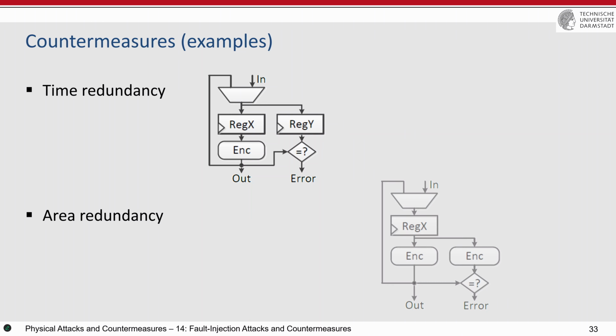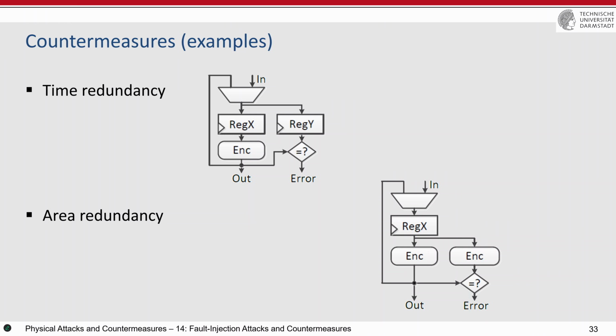Or you have error redundancy, then you instantiate the circuit 2 times at least. And then at the same time, you check whether the results are correct or not, and you have 3 instances of this, and then you correct, or even each instance can have its own register.